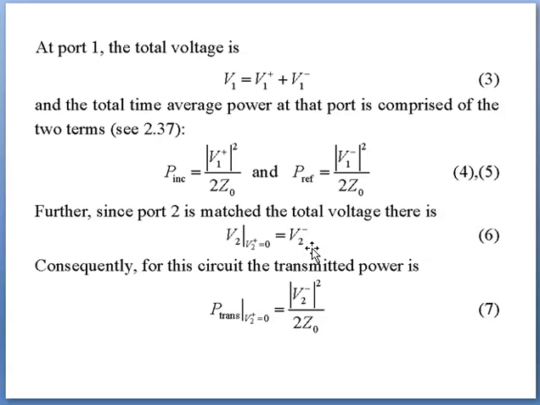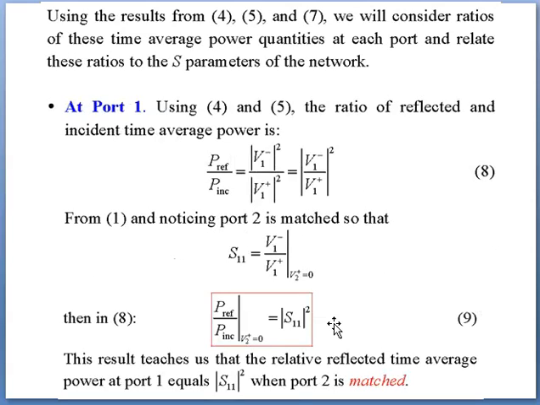For this circuit, the transmitted power, provided that it is a matched load so V2 plus is equal to 0, P transmitted will be V2 minus squared over 2Z0. Using all these results, we will consider ratios of these time average power quantities at each port and relate these ratios to the S parameter of the network.